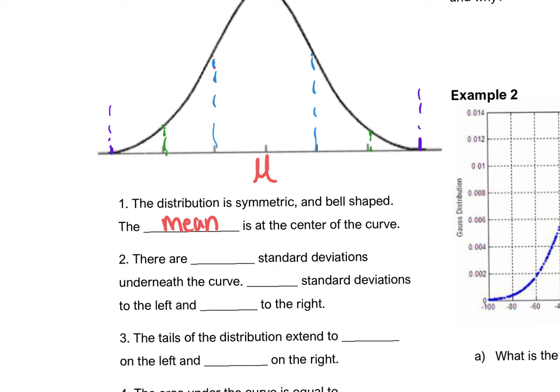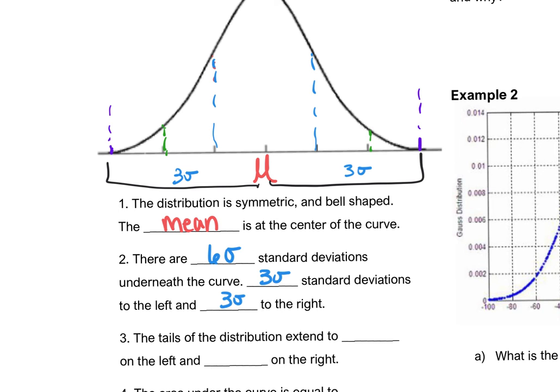And in this particular curve, if you look at this then, from this side to this side is 3 standard deviations, 3 sigma. And then from this side to this side are 3 standard deviations, or 3 sigma. And so that gives you a total of 6 standard deviations to the left and right. There are 3 standard deviations to the left, 3 standard deviations to the right.